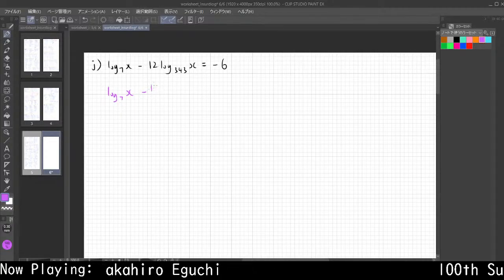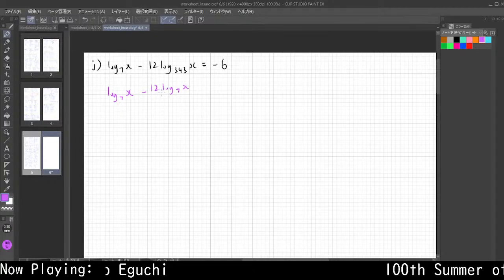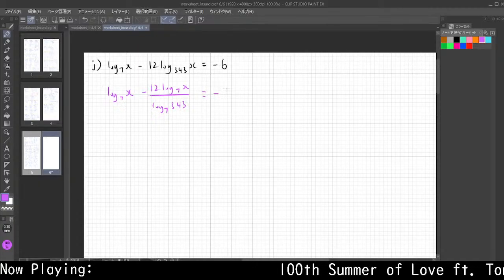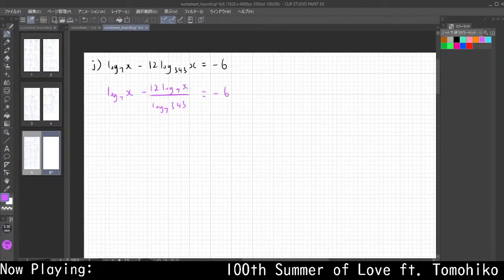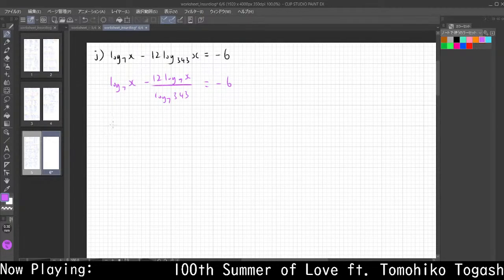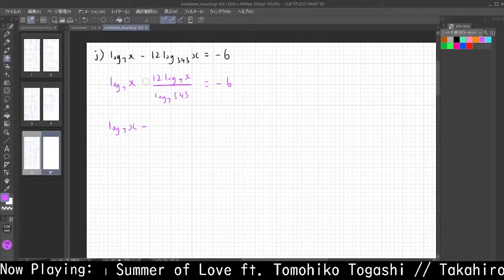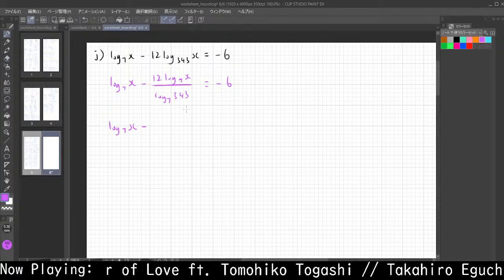12 is on top. Log base 7 of x over log base 7 of 343.